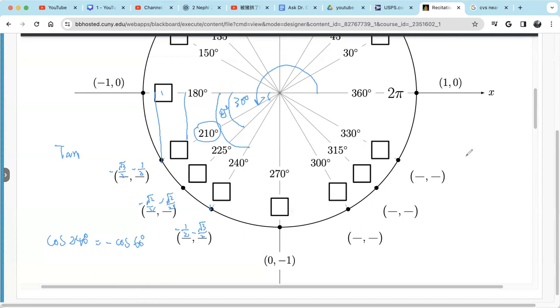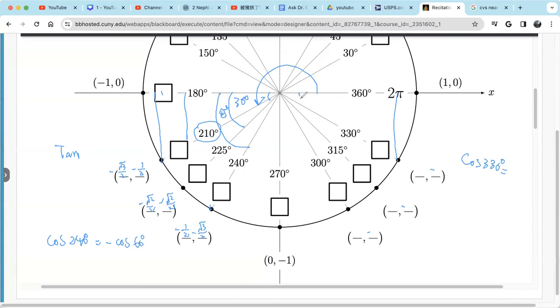In the fourth quadrant, cosine is positive but sine is negative. So the first value is positive, the second value is negative. Let's just look at one of them. What is cosine 330 degrees? Look at this triangle.